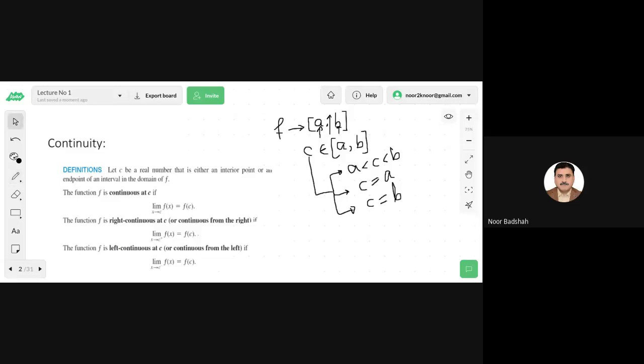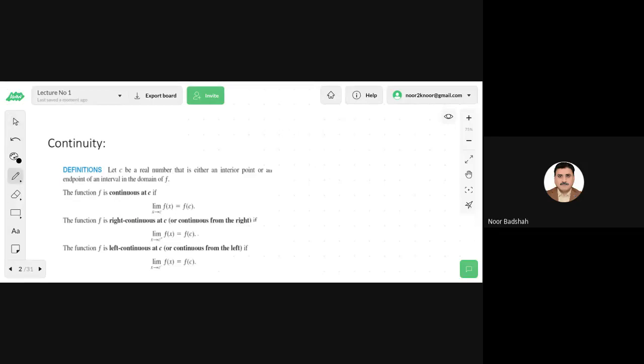Okay, so we first consider if C is the interior point, if C is between A and B, and we want to check its continuity at that point. You see, its definition is given here: a function is continuous at C, where C is any interior point.